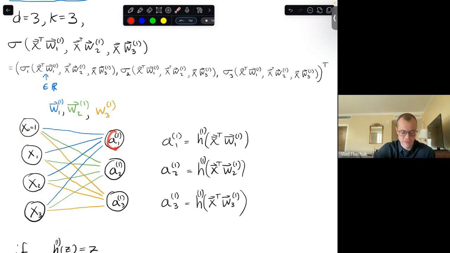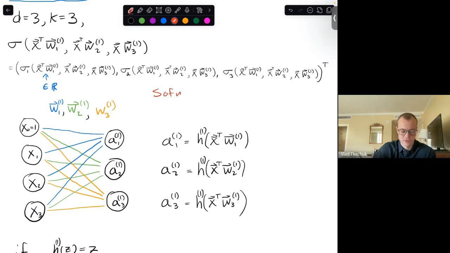And so its value looks like this. And so you notice that, unfortunately, it only depends on the input times one weight vector. And then this activation will depend on the input times its weight vector. And for the softmax, you somehow want to have a function that depends on all three weight vectors. And so it turns out that you can't implement softmax with a single layer neural network.